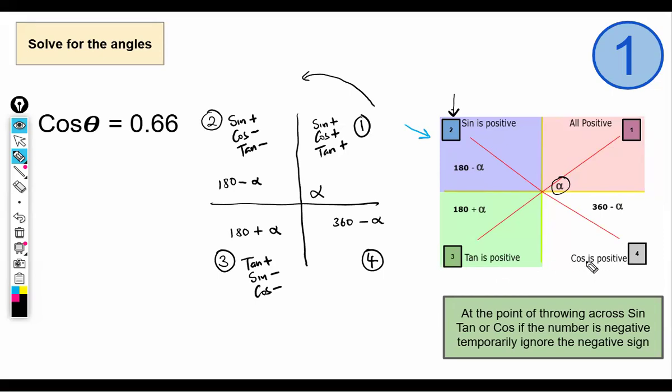And in section 4, cosine is positive, which means only cosine is positive, and everyone else is negative. Now, obviously, you're scratching your heads and wondering what's the significance of, for example, in section 2, sine being positive and everyone else being negative?